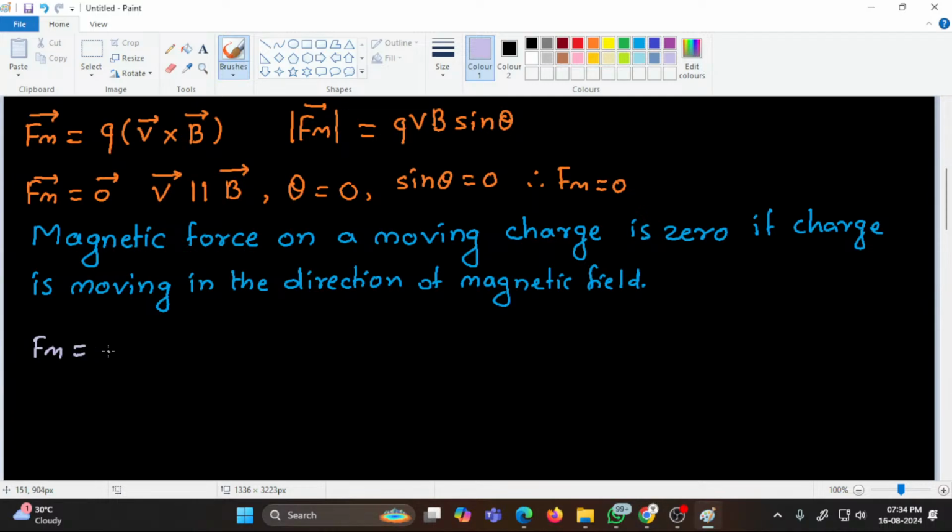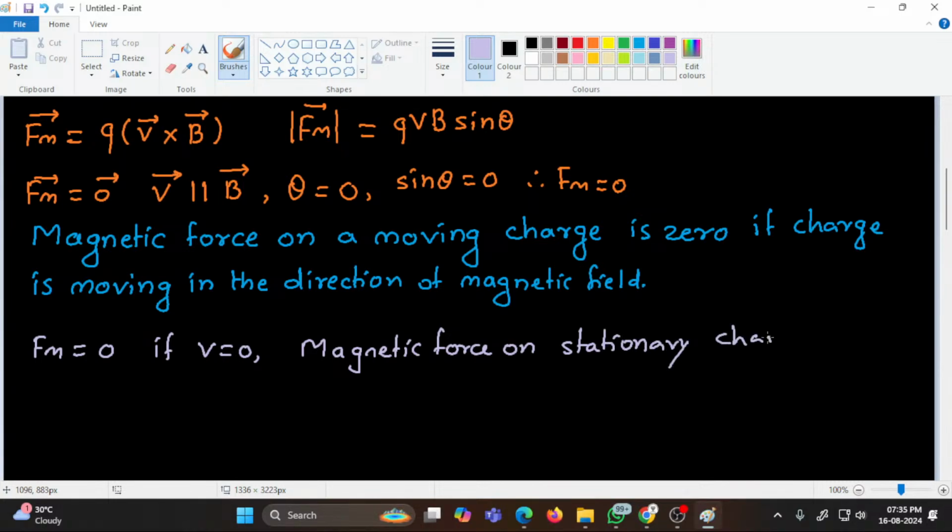Or Fm is 0, if V is 0, that means magnetic force on stationary charge is also 0.